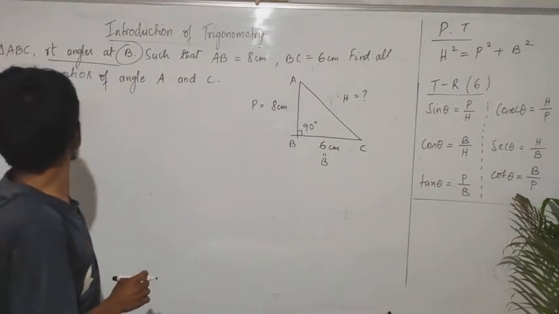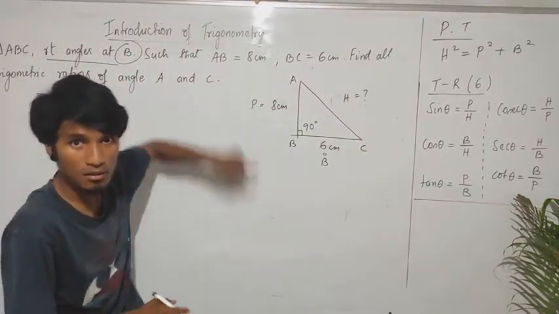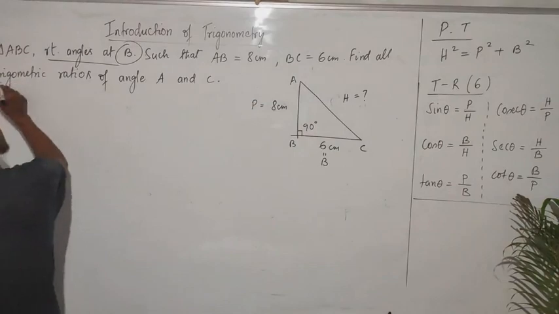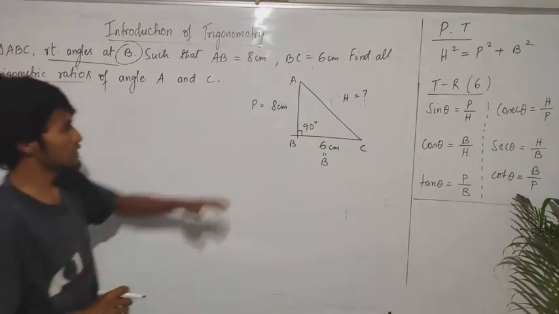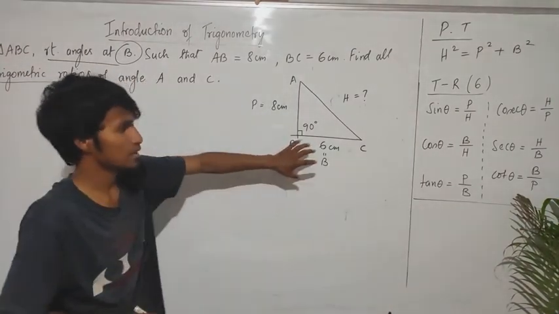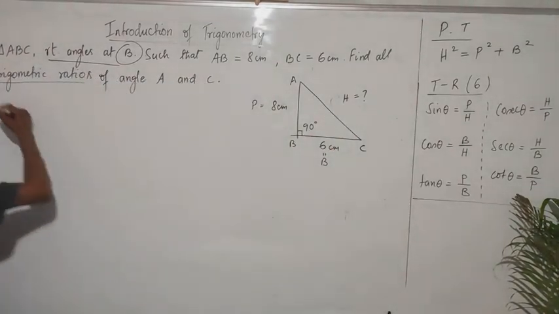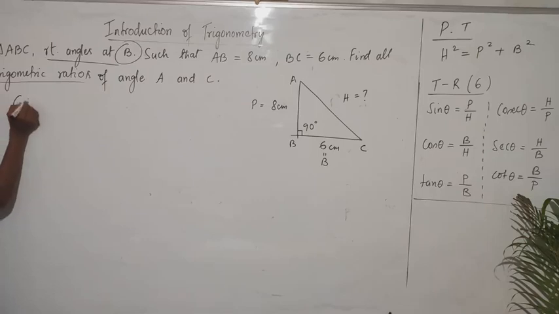When we find the trigonometric ratios, these two will be changed. But right now, let me consider this the perpendicular, this the base, and this obviously the hypotenuse.